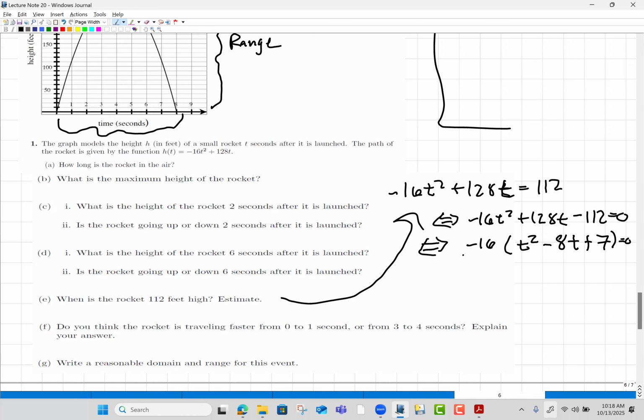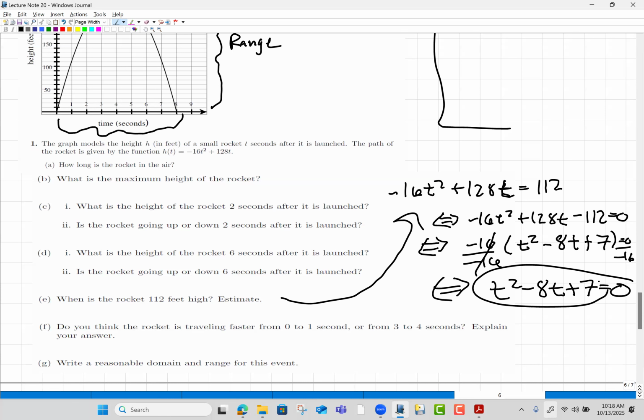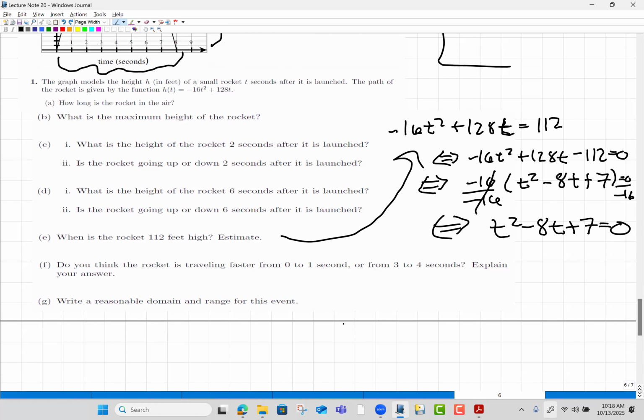Then divide both sides by this number. Now you have smaller A's, B's and C's. So this equation is the same as this one; I just divided everything. Now you have your A, your B, and your C. Use the quadratic formula, and I'll let y'all figure out these others.